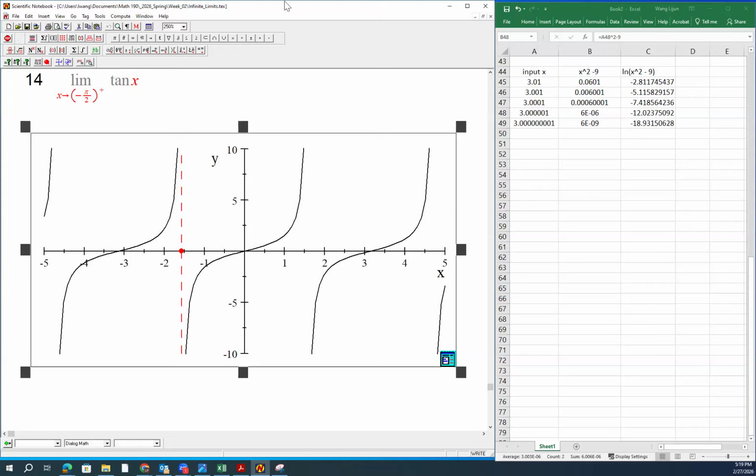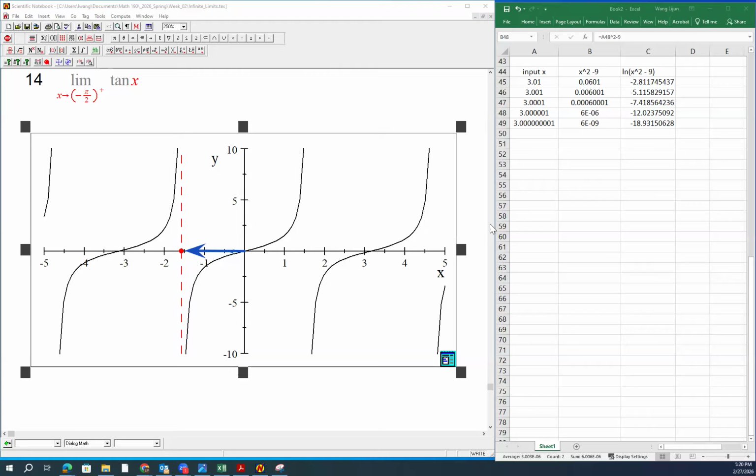When we approach negative pi over 2 from larger than negative pi over 2, we're approaching negative pi over 2 from larger than negative pi over 2. That's how we approach negative pi over 2.